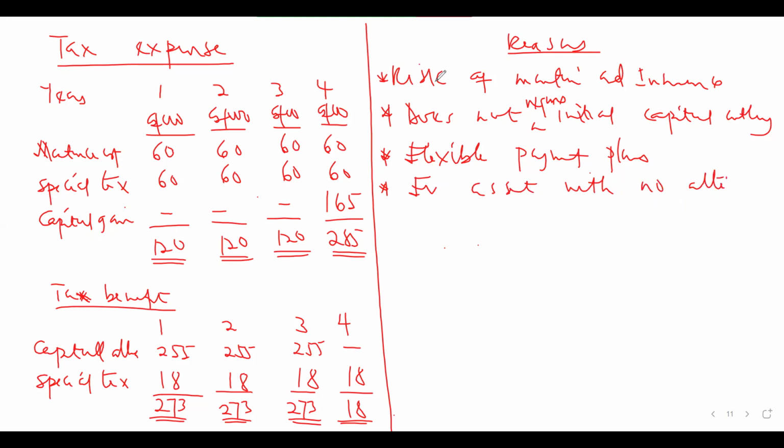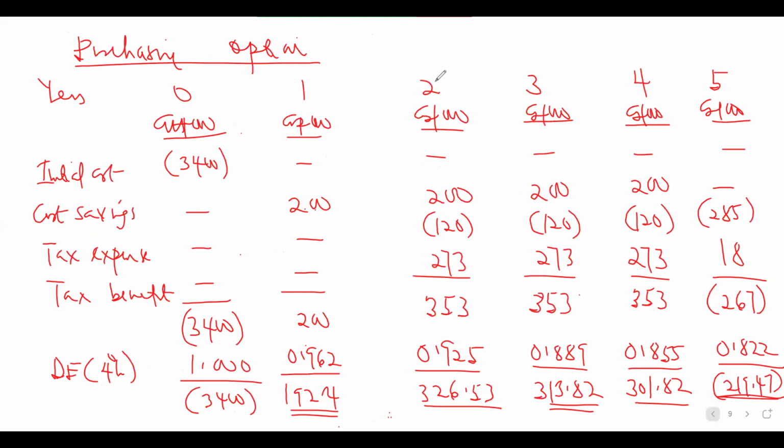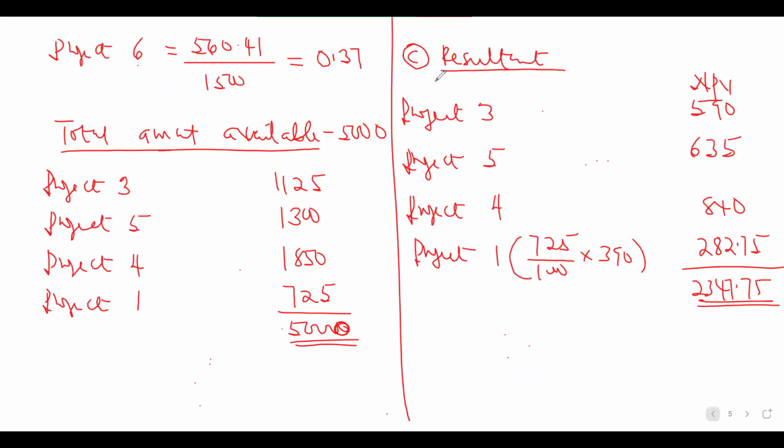If we purchase the asset and after the project life it has no alternative use, it becomes redundant, and the amount we put into it will be a waste. These are some of the reasons a company can choose to lease rather than buy.